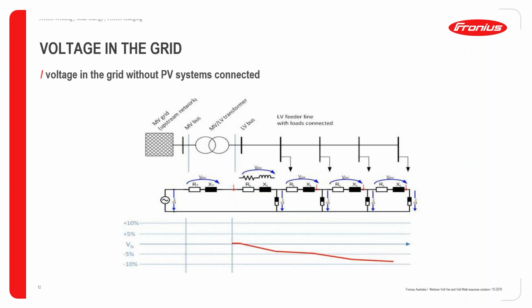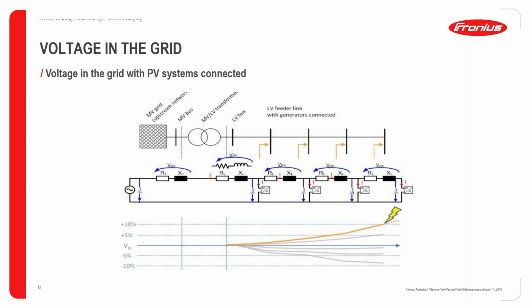Let's look at the grid lines and what happens to the grid voltage when the PV system is connected. I'm sure some of you have also heard about the voltage rise issues that have been happening in different states of Australia.